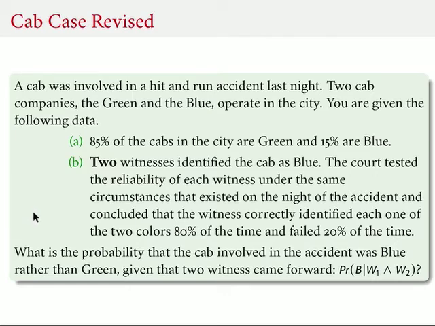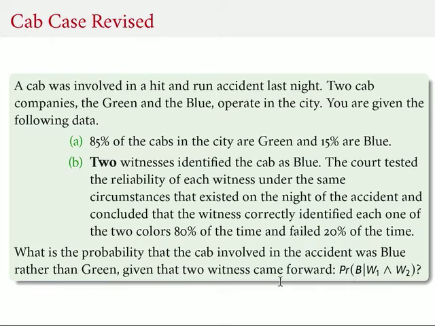And this witness said that the cab was a blue one. Okay, so here W1 means that the witness 1 said that the cab was blue. So we could ask, as we did in the previous lecture, what's the probability that the cab was in fact a blue one, which committed the hit and run, given just that one witness said the cab was blue.